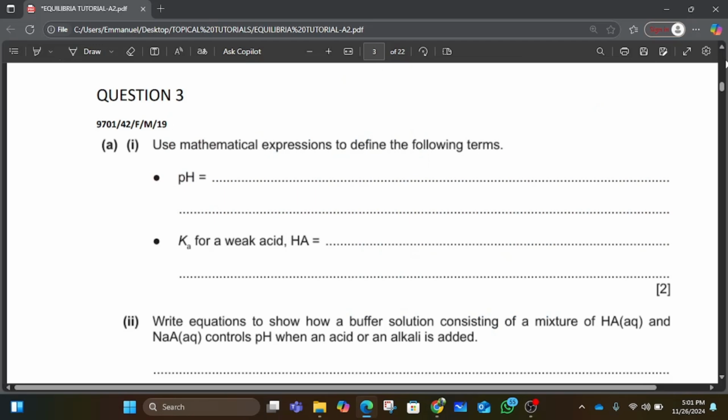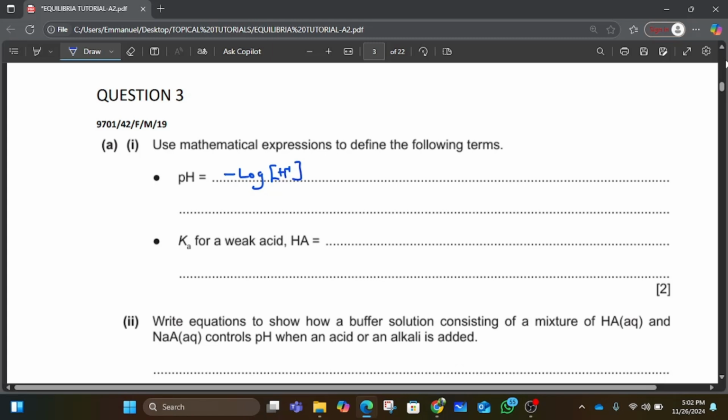Question 3. A. Use mathematical expressions to define the following terms. So for this one, pH is equal to negative log concentration of H plus, or negative log H plus ion concentration.